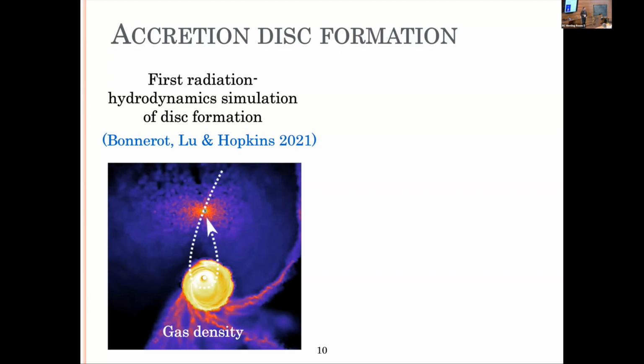So I would expect that even in the case of a strong offset, the formation of the accretion disk would not be delayed by many more orbital periods. Maybe a few.